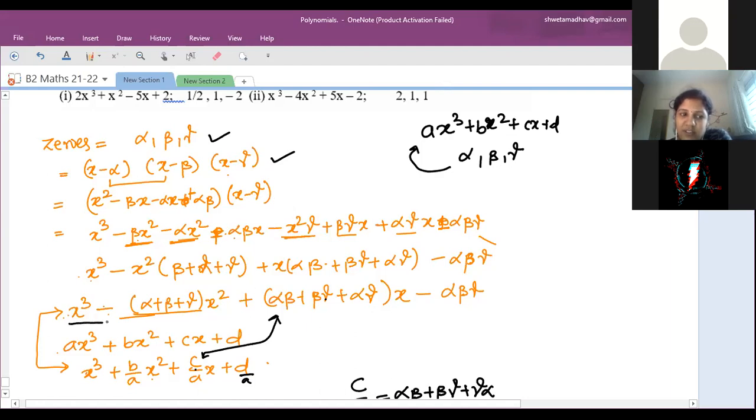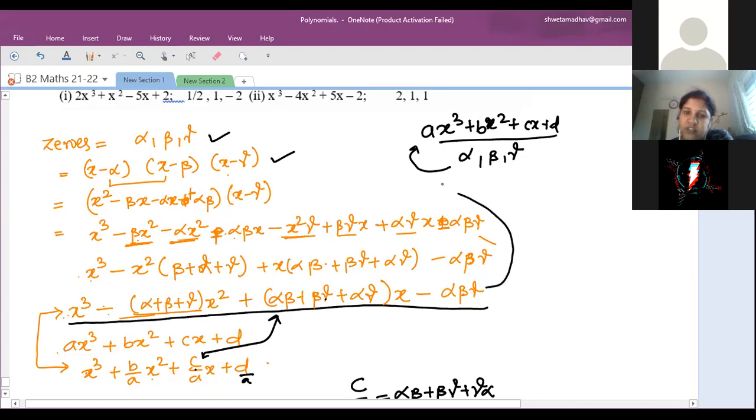We got this polynomial after multiplying the factors. Now this and this one, ax cube plus bx square plus cx plus d, both are exactly the same equations, because both of them have zeros alpha, beta, gamma. Therefore we are trying to equate them.